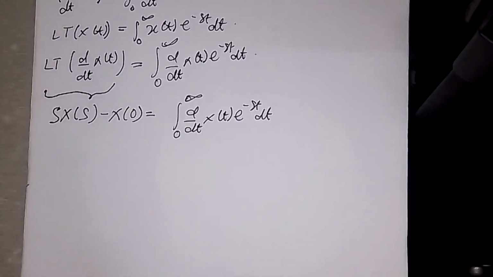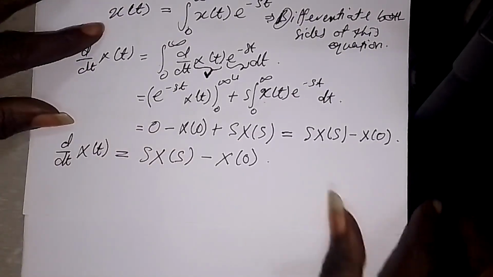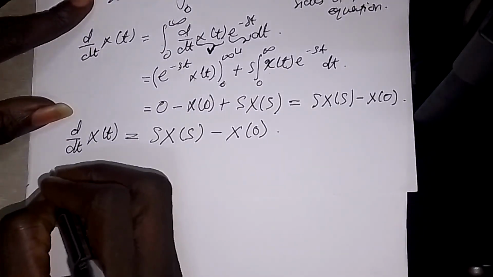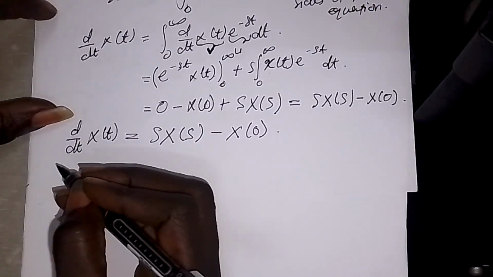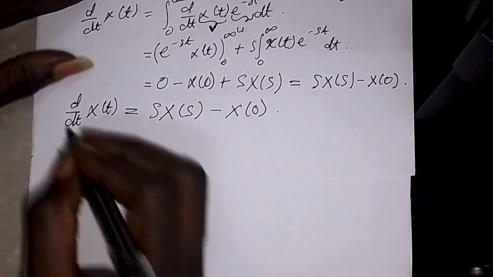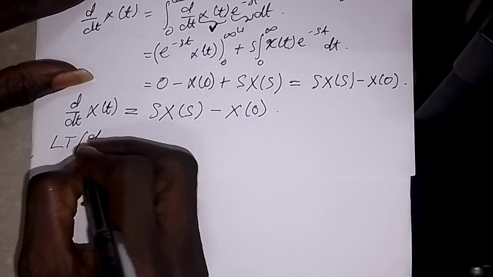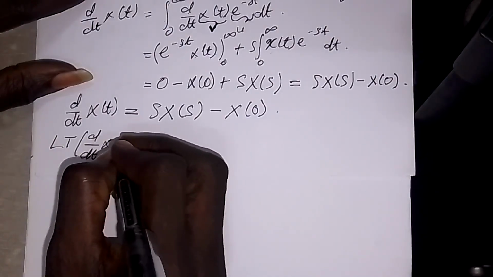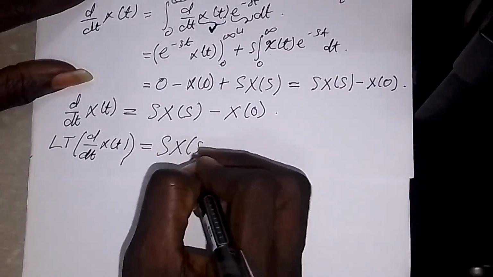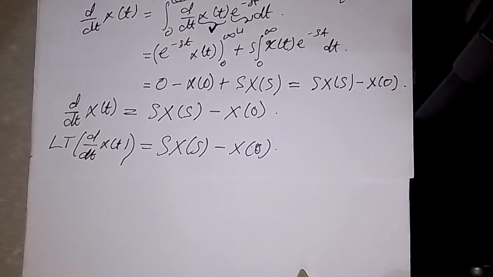Even with this one, how am I supposed to end it? I'm supposed to end it that the Laplace transform of d of dt of x of t is equals to s x of s minus x of 0.